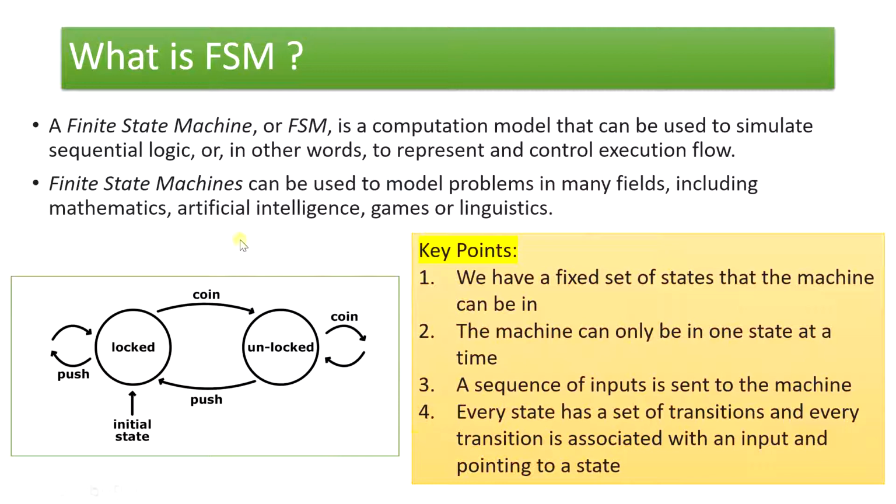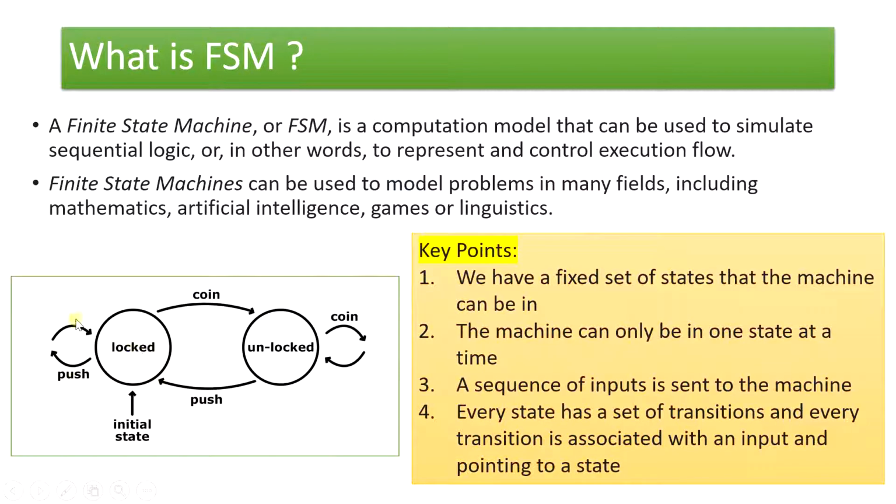Say you are in the initial state and the gate will be locked, so you will have to place a coin. When you place a coin, the gate will be unlocked. When you are in the unlocked state, even if you place a coin in it, nothing will happen. Whereas once you have placed the coin and it is unlocked and you push the gate, it will be locked.